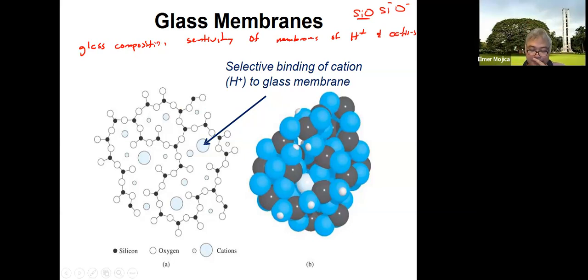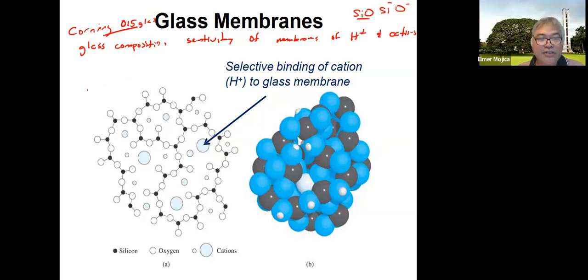Now, Corning, which is a glass manufacturing industry, has this Corning 0.1015 glass. They are the ones widely used for the membrane, the one used in pH meters.